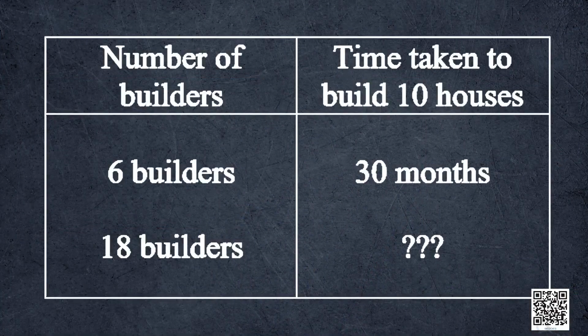Yes, from the tabular column, we can see that when 6 builders are building 10 houses in 30 months, definitely 18 builders can build the same number of houses, that is 10 houses, in lesser time. That is, when we have more persons to work, we can do the work faster.